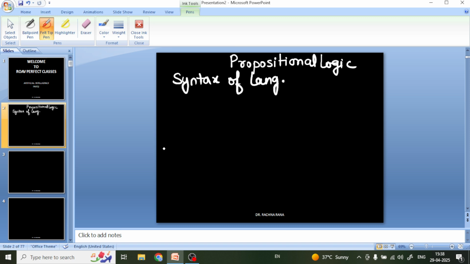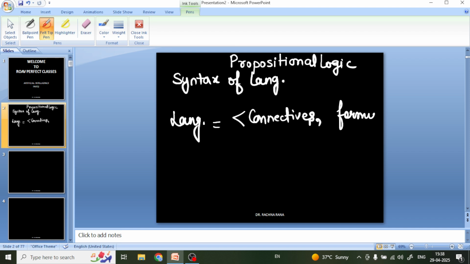So when we look at the language, we define this as a pair. We choose a set of connectives, and I said you can choose a subset of connectives, and a set of formulas. You can say language is equal to the set of connectives and the set of formulas.